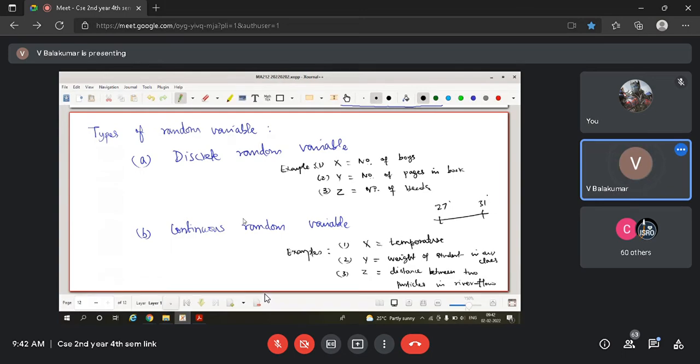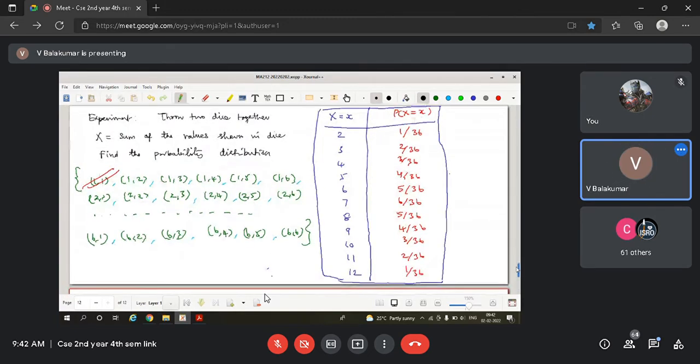Now, if you look at this continuous random variable, how many values are possible from 27 to 31? Or for the weight, how many values are possible? There are infinite number of values. Then we cannot write a table like this. If the values are 10 or 100 or 1 crore, we can write a lengthy table.